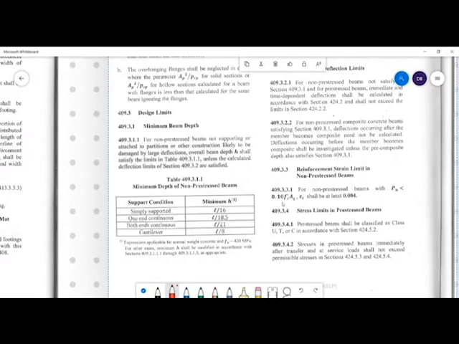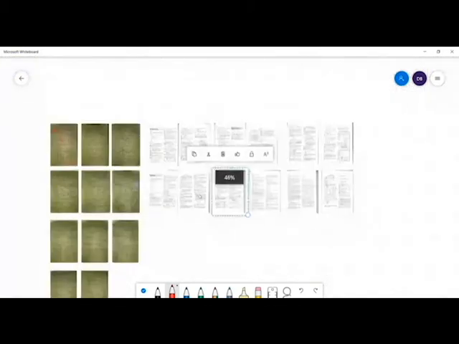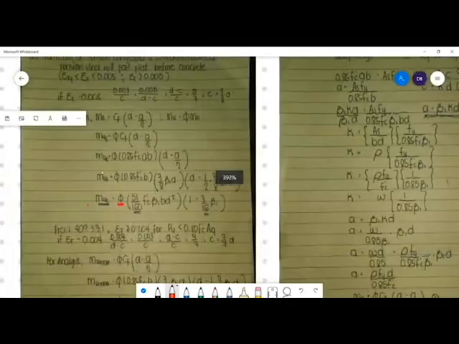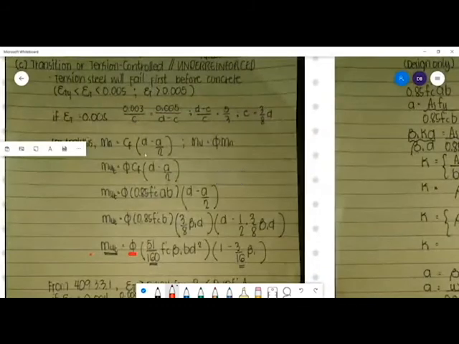Ibig sabihin, pag mas mataas na sa 0.004 ang tensile strain natin, that is already the ideal line. So inassume lang na from here, ang strain natin is 0.005 in order for it to become tension controlled.